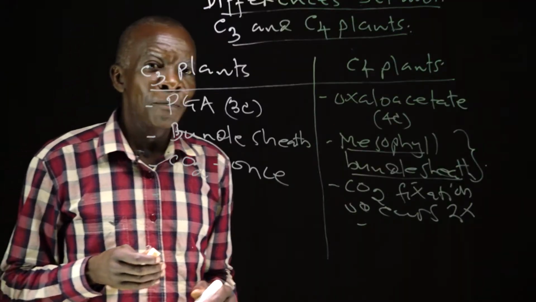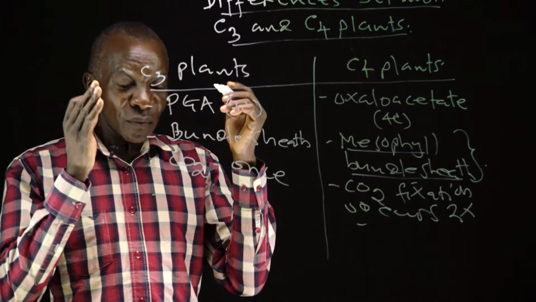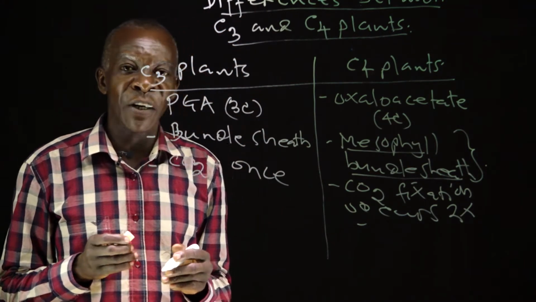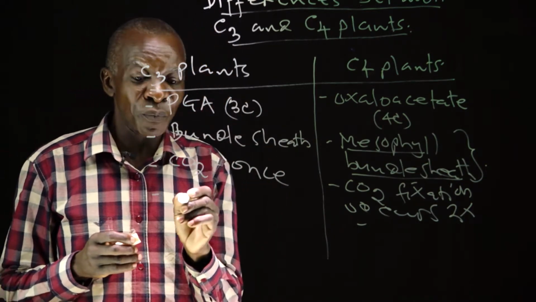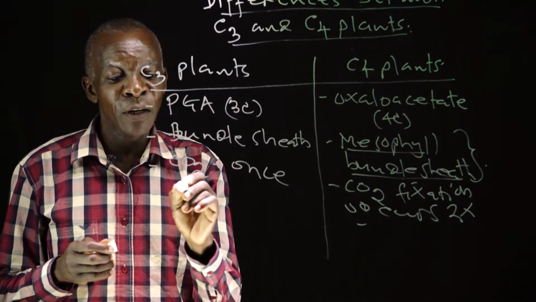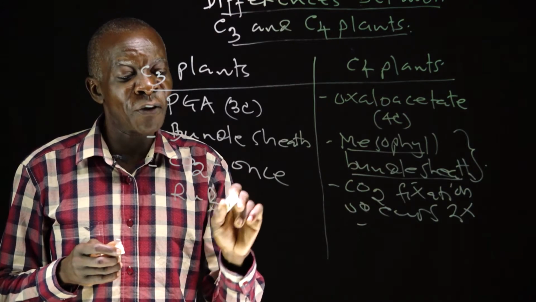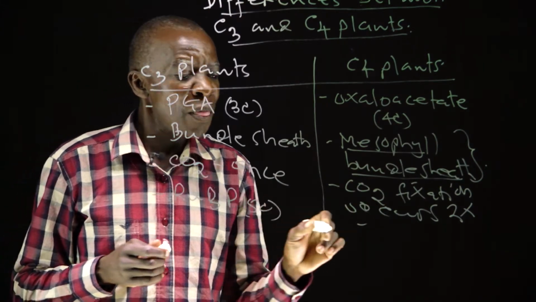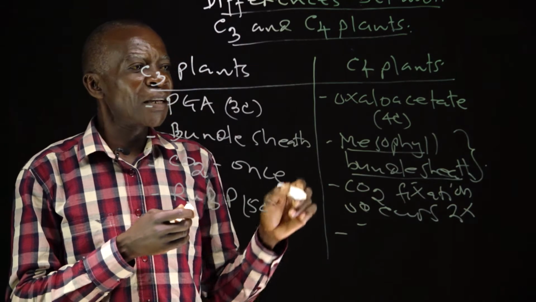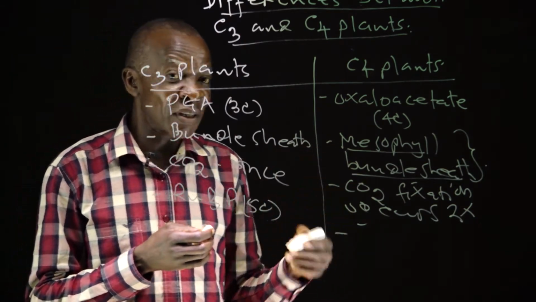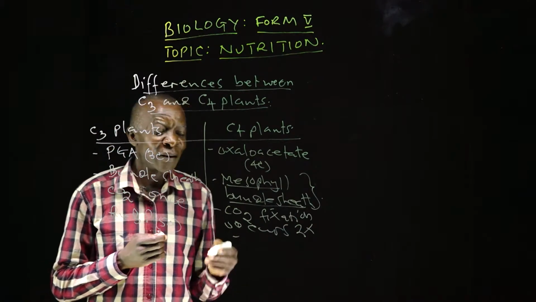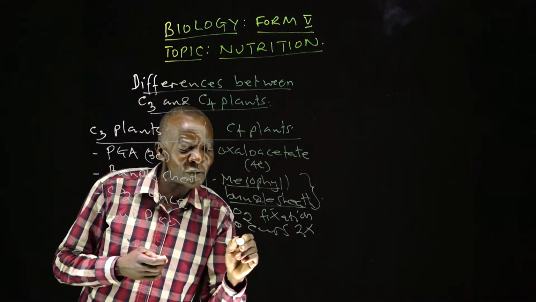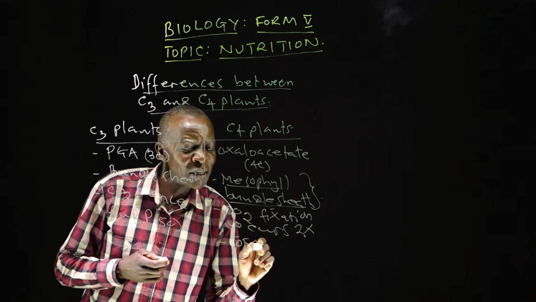But also, the substrate for carbon dioxide fixation in the C3 plants is a 5-carbon compound, that is ribulose biphosphate. While in the C4 plants, the substrates for carbon dioxide fixation are, one, phosphoenolpyruvic acid.